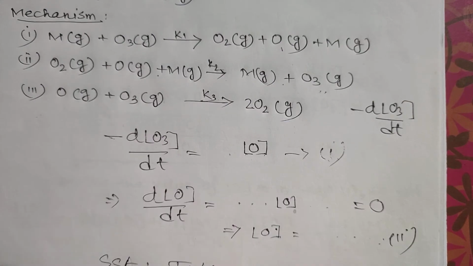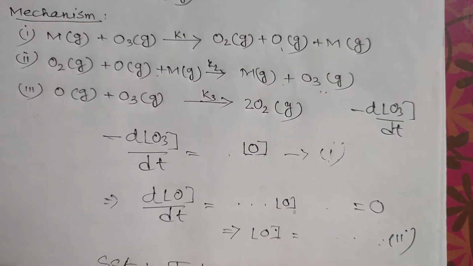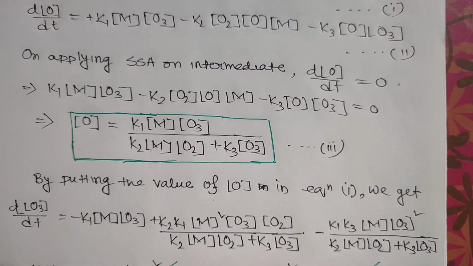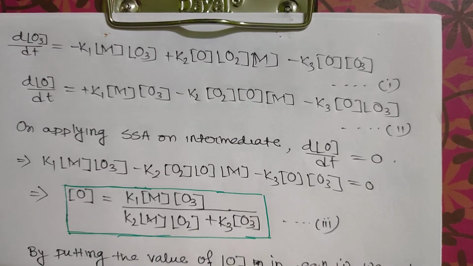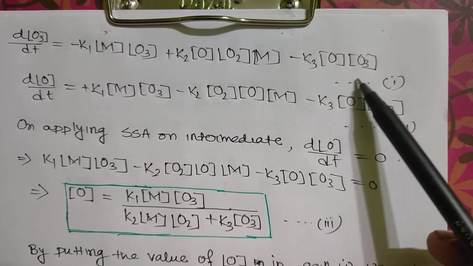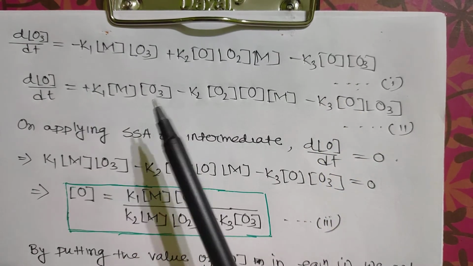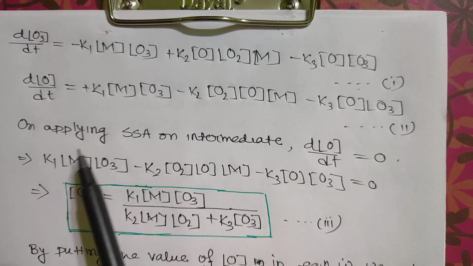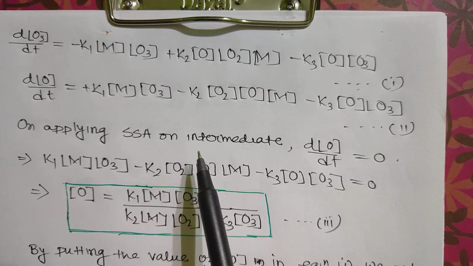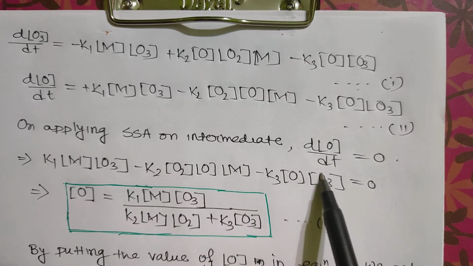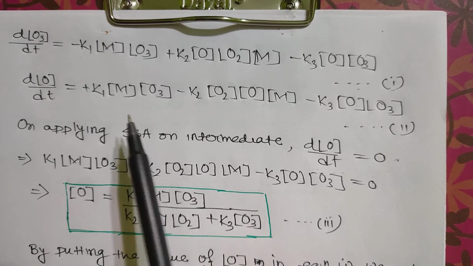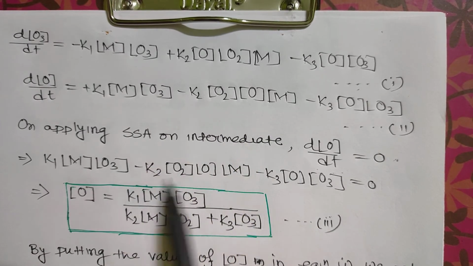Next we'll move towards the solution. It is a lengthier problem, so I have done it previously. Again, here is the dO3 by dt expression, equation 1, and the dO by dt expression, equation 2. On applying steady state approximation on the intermediate, dO by dt equals 0.